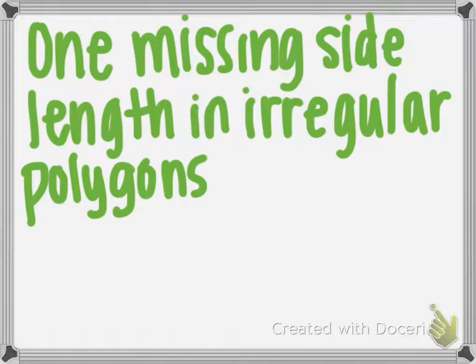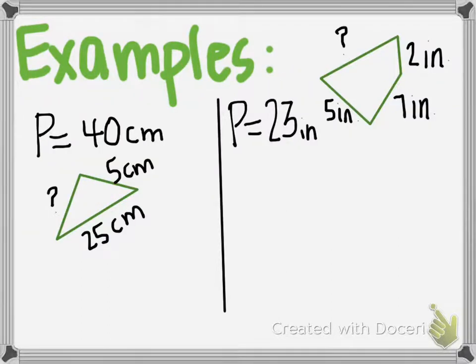Students are also expected to find one missing side length of irregular polygons. So here they've given us a perimeter of 40, and then we have a known side of 5 centimeters and a known side of 25 centimeters. So these are similar to the two-step problems that students saw a couple weeks ago. So what they would have to do is first add the two known sides. So that would be 5 plus 25. 5 plus 25 is 30.